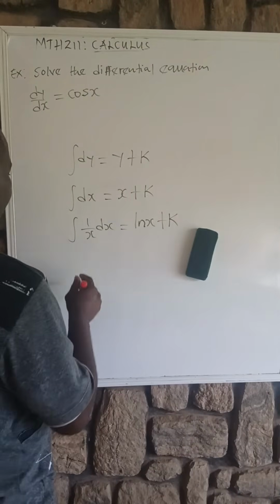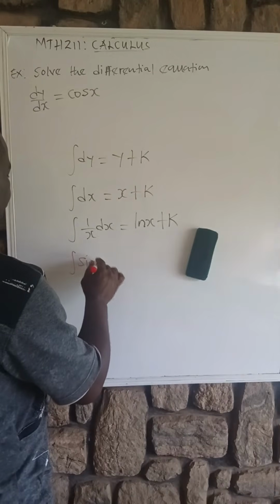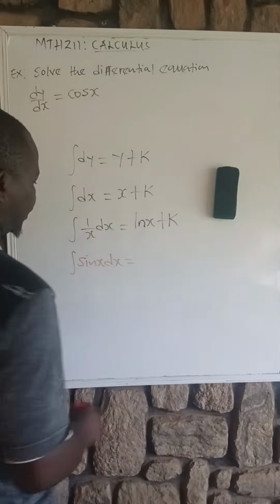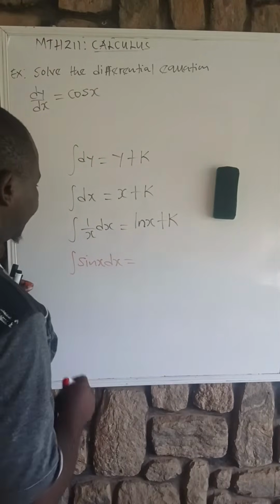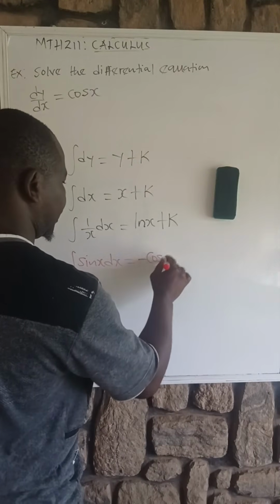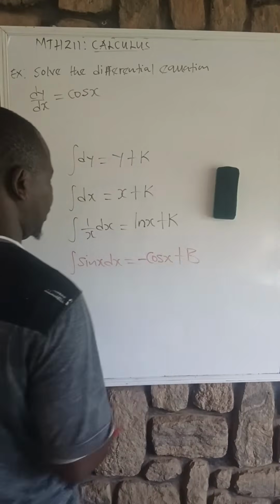And we tried to integrate sin x dx. When we integrate sin x dx, we are supposed to have what? Minus cos x plus any constant, could be b.